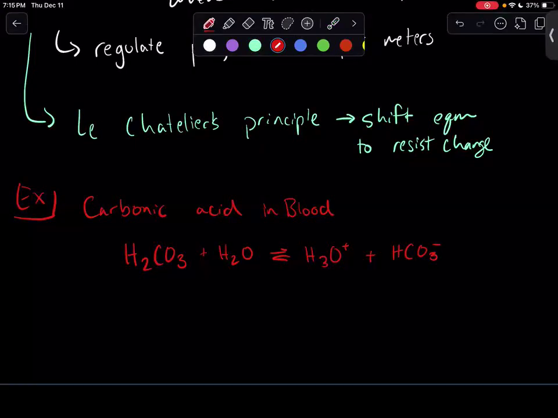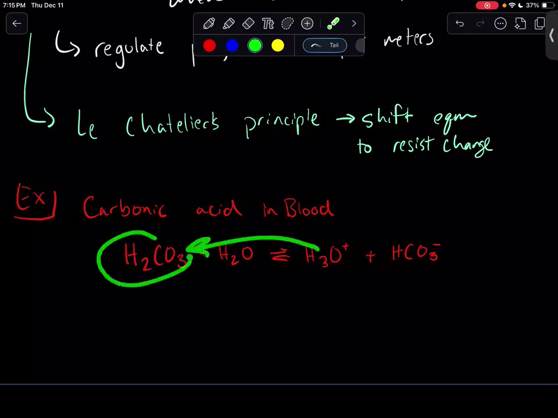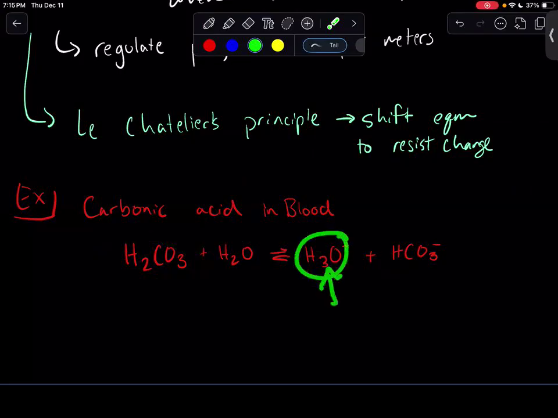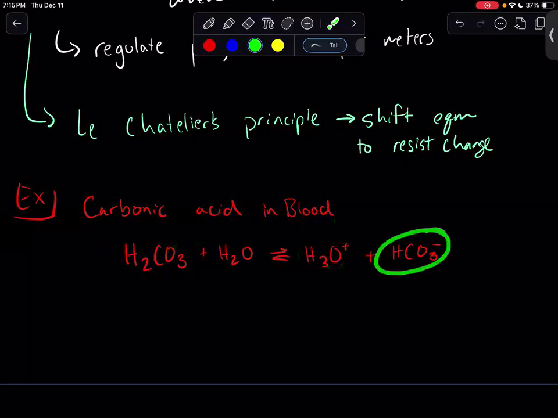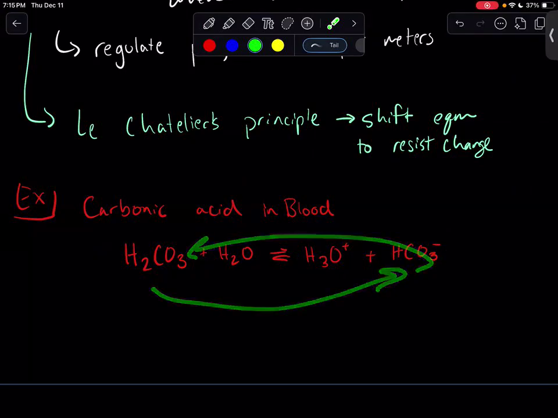So as we increase the acidity in our blood, it will react with our bicarbonate, producing more of that. And as we add alkali, it will remove our hydronium, converting back into bicarbonate. So whichever way, this solution can resist that change.